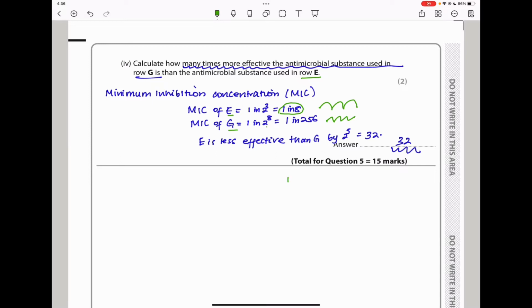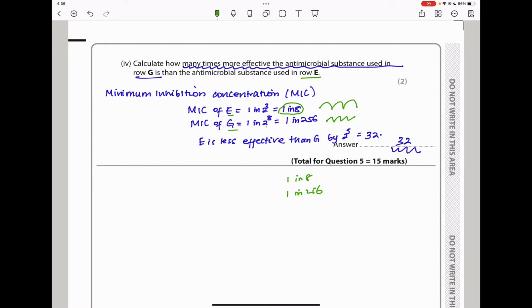So if we have a 1:8 and a 1:256, the difference is going to be 2 to the power 5, which is 32, the difference between the two. So when they ask how many times more effective the antimicrobial substance used in row G is than the antimicrobial substance used in row E, it is 32 times more effective.